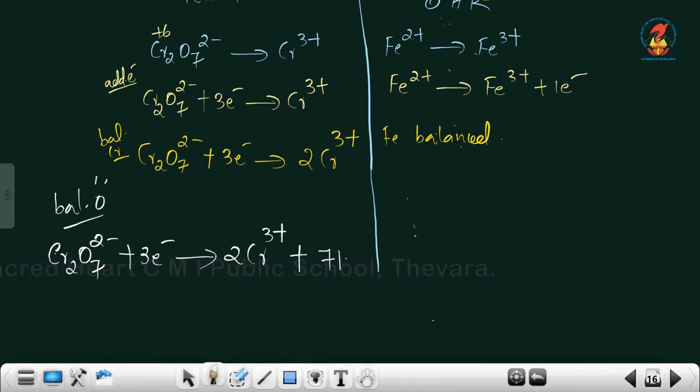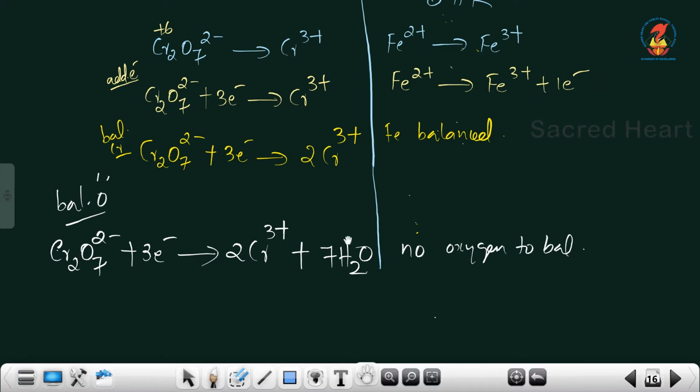So add 7 water molecules on the right hand side. Similarly, balance oxygen on the other equation. Is there any oxygen to balance in this equation? No, no oxygen to balance.